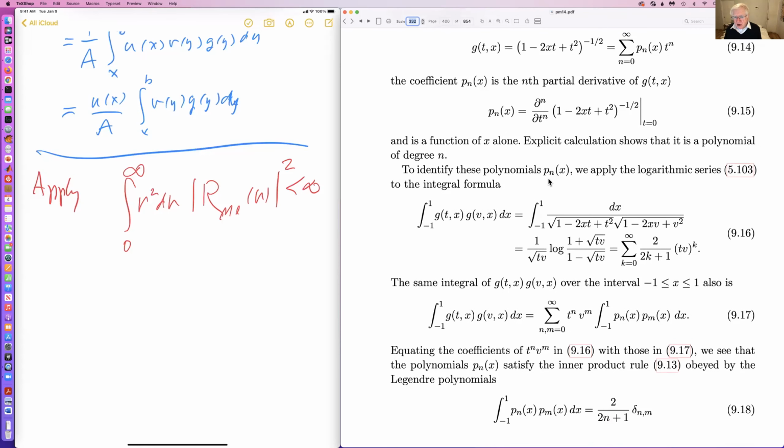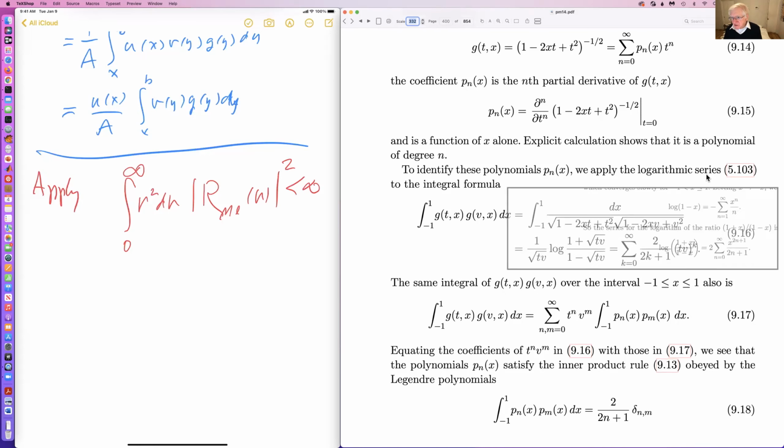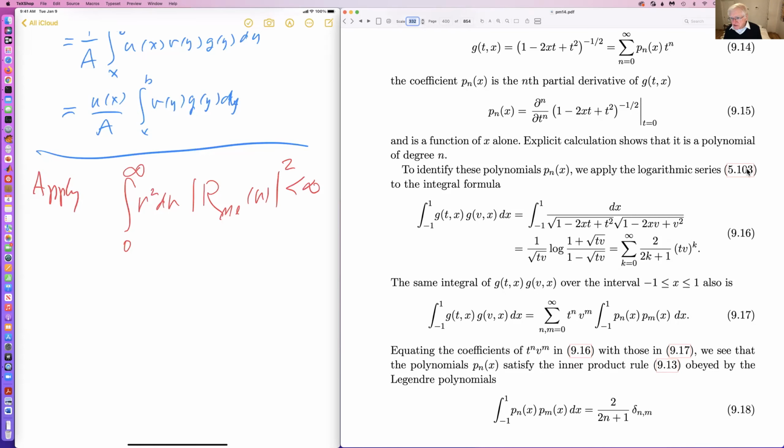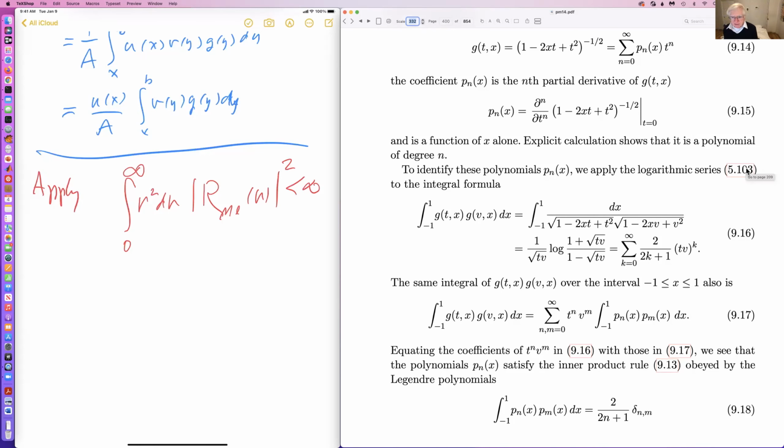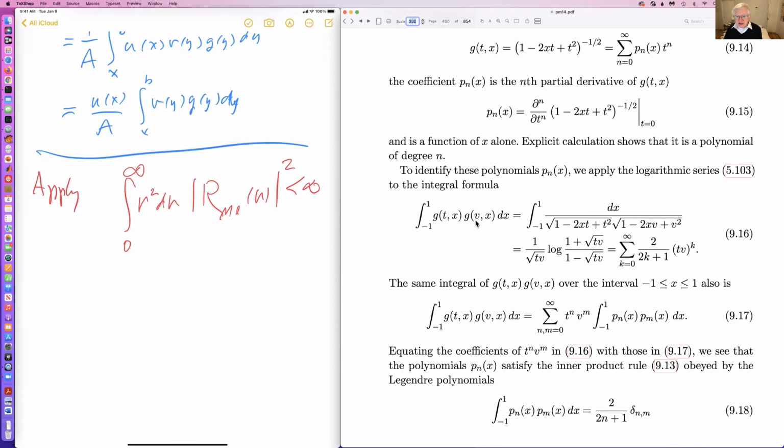To see what they are, we can use the logarithmic series. There's the logarithmic series, log of (1 plus x) over (1 minus x). So first we integrate g of t,x, g of v,x, dx, and we have this integral.